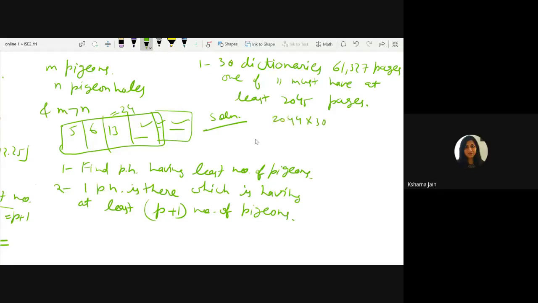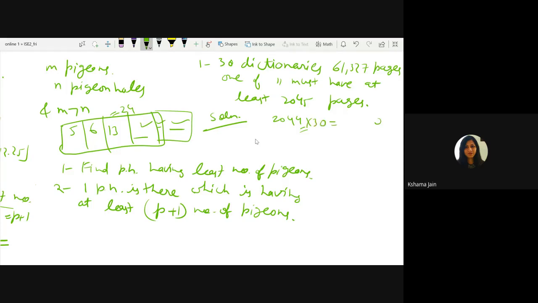Roughly I'm telling you. In general, practically, if I ask you to divide these pages equally among all dictionaries and how many are left, then what would you do? Simply, you will divide this number by 30, then you will get some integer. Shivansh is telling 2044. So 2044 is equally distributed. Multiply by 30.